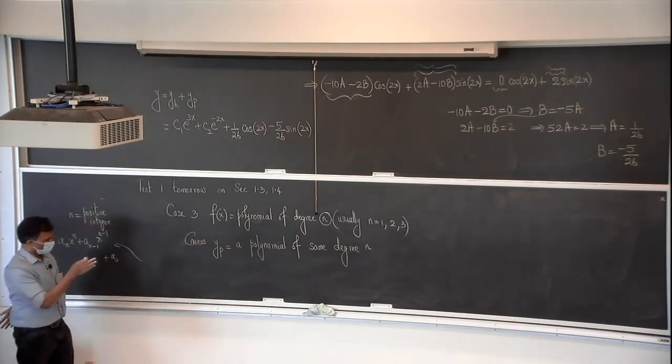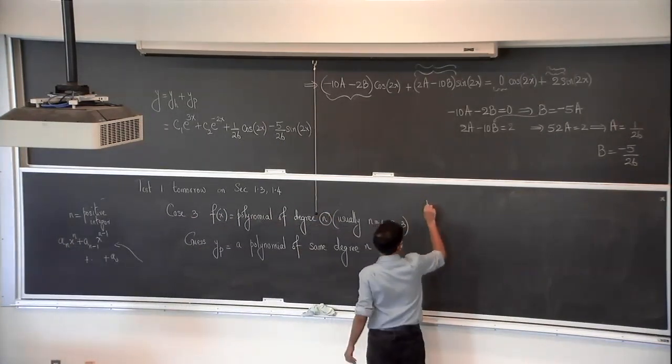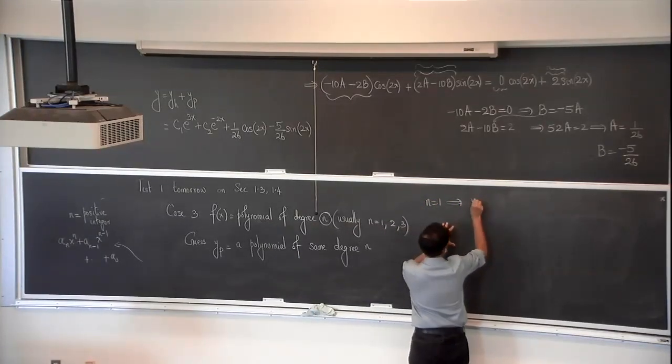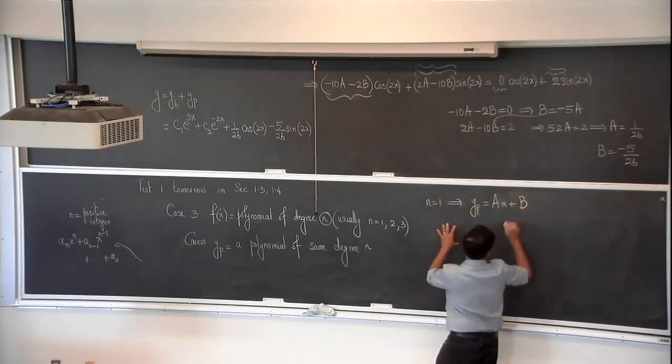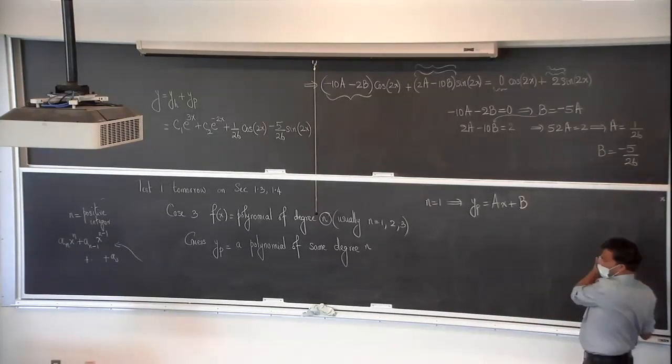And since we're going to focus mostly on polynomials of degree 1, 2, 3, let me just write those cases down explicitly. So for n equal to 1, which is a linear function, the polynomial yp would be ax plus b. It's not just ax. You have to write the most general polynomial of that same degree.